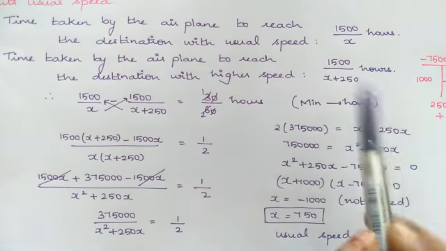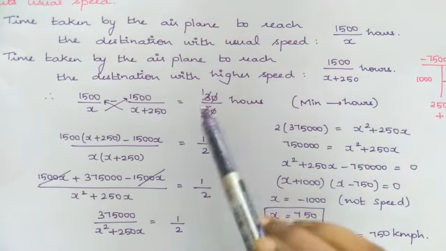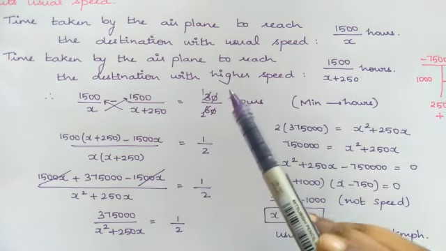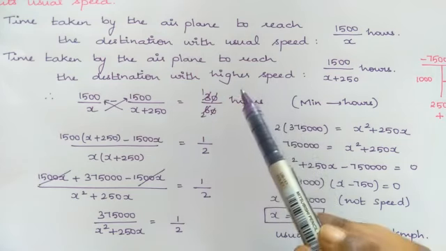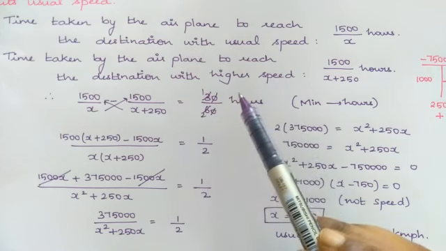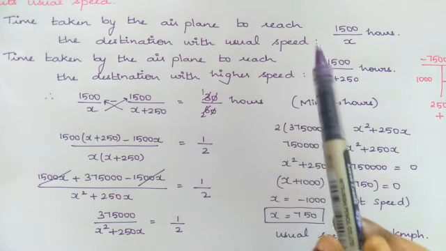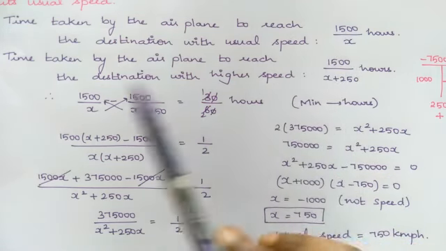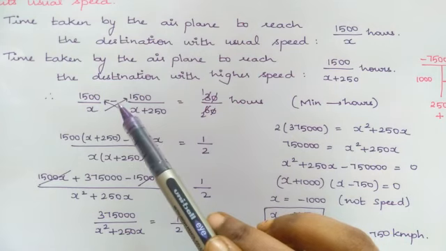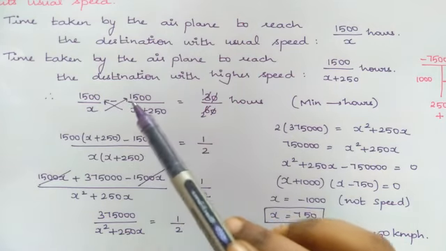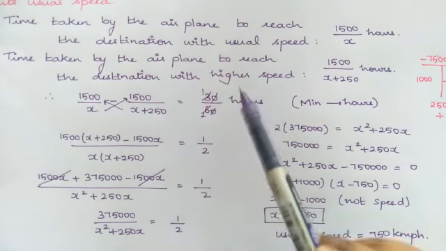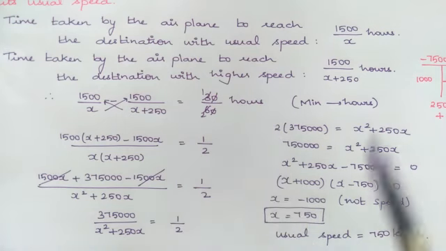Anyways, there is a difference in time since there is a delay in the start of the airplane. We don't know whether they reach the destination on time or not, and that is why we are identifying the time with usual speed and the time with the higher speed. We are subtracting both to get the difference in time and equating it with 30 minutes. And because of this, we get the solution. That's it. Thank you.